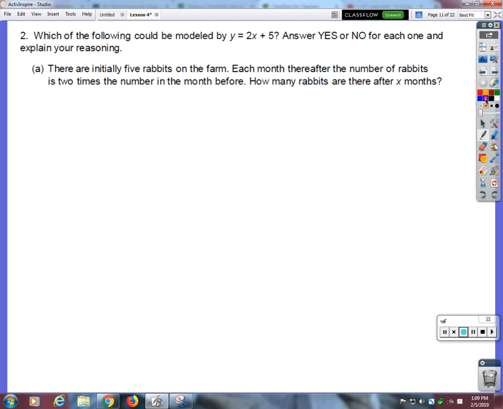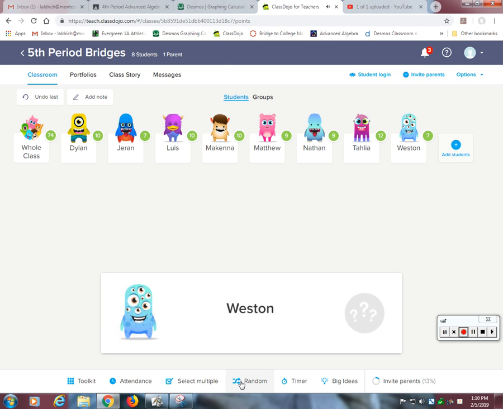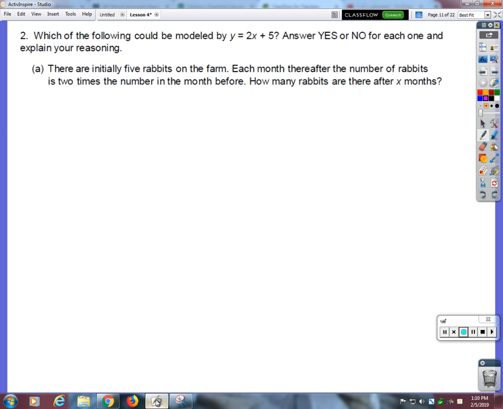Each month thereafter, the number of rabbits is 2 times the number in the month before. It would tell us how many rabbits there are after x months. Matthew, what do you think? It's a yes? Because why? So the 5 is the y-intercept again, so 5 is definitely the starting amount.